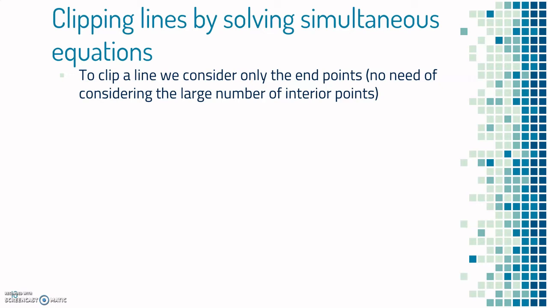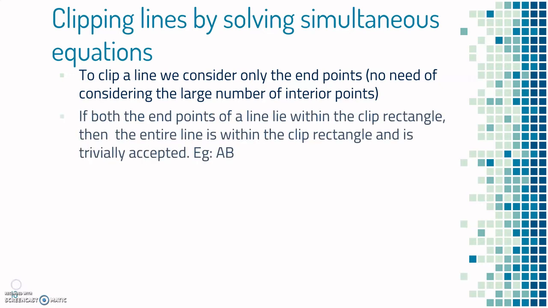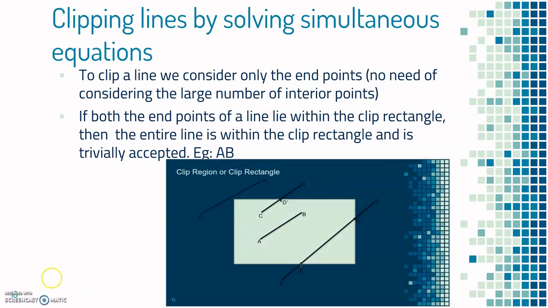If both the endpoints of a line lie within the clip rectangle, then the entire line is within the clip rectangle and is trivially accepted. The line AB is trivially accepted because both endpoints are inside the clip rectangle. This rectangle is known as the clip rectangle or clip region. So this is the first case.